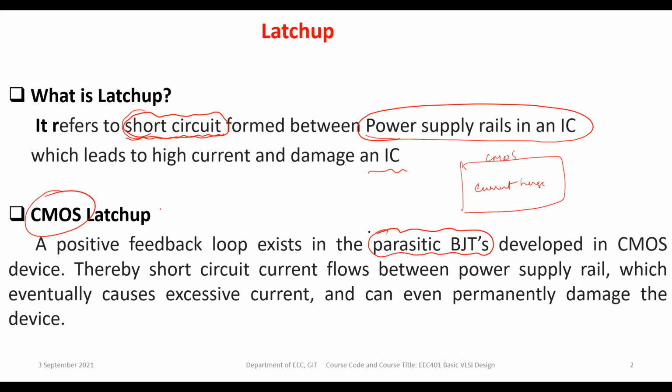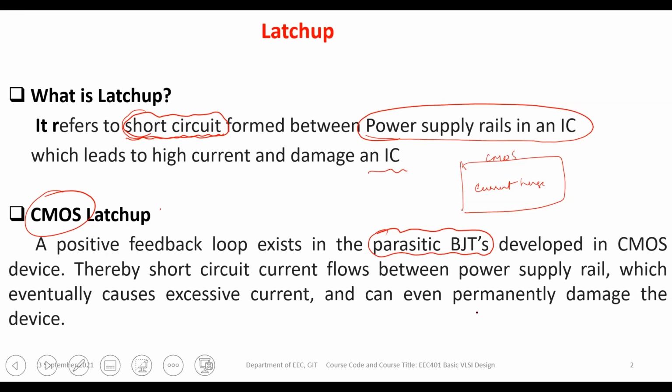Once these parasitics are on, a huge amount of current will flow within the CMOS device from the high power supply to the low power supply. That leads to excessive current, which will damage the IC or the device.